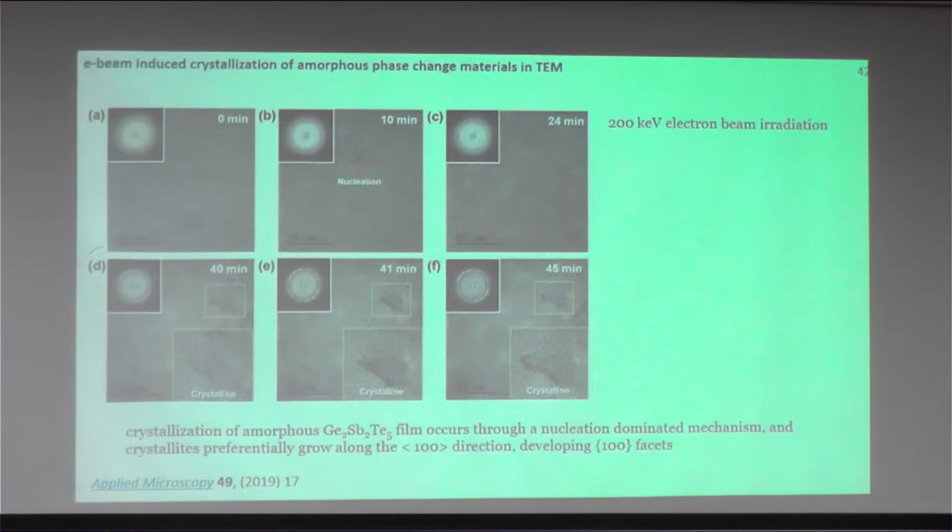And then after 10 minutes of electron beam irradiation, you can see the formation of crystal nucleation. In the electron diffraction pattern, or the FFT, fast Fourier transformation, you can see the formation of additional reflections, like dots, and this is a signature of a crystalline lattice.